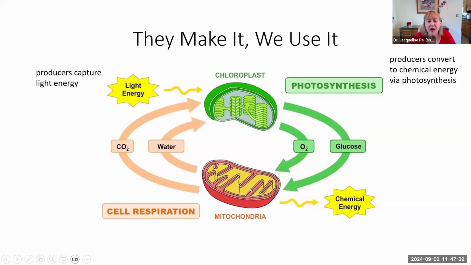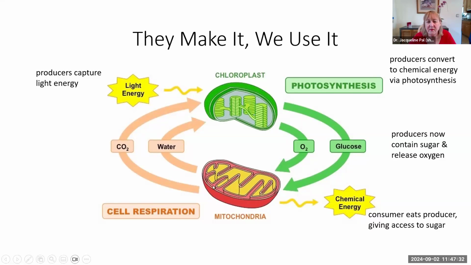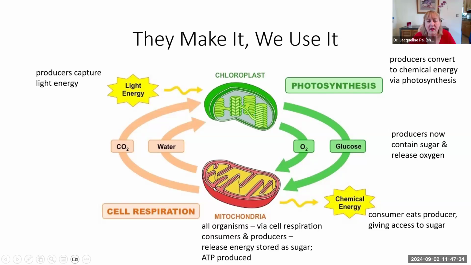And then our mitochondria are going to, through a process known as cellular respiration, release the energy stored in those chemical bonds and produce ATP. And our waste products are going to be carbon dioxide and water.